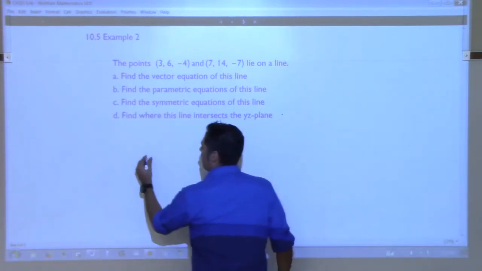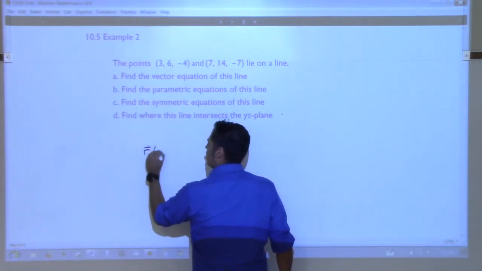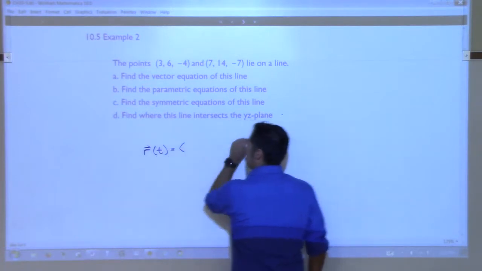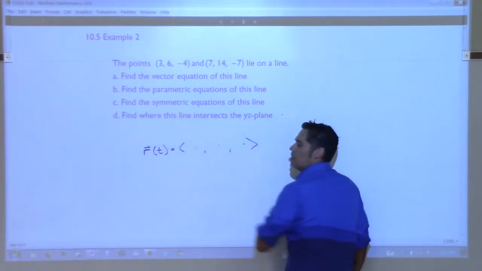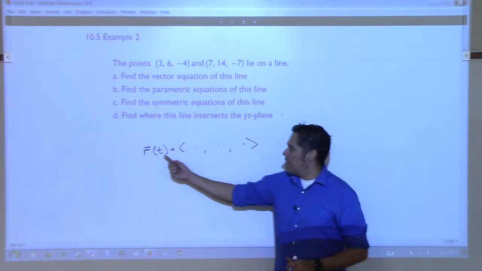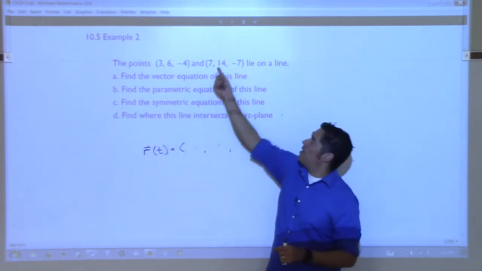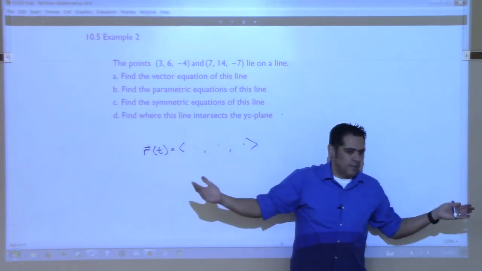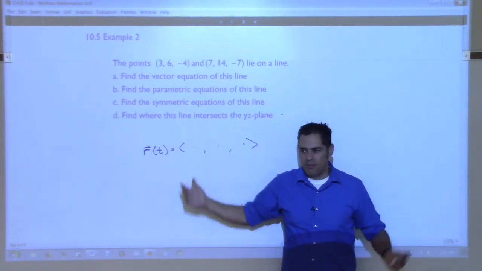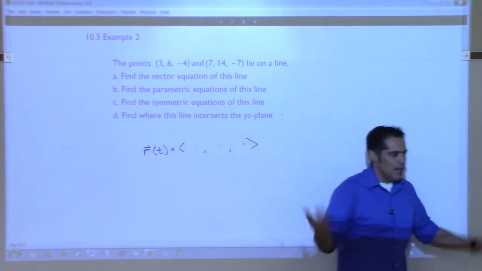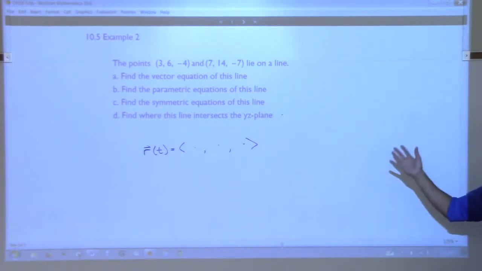So you go back to your vector equation, r of t equal to those three components. We know what happens at 0, we're there. And at 1, we're here, right? So just pick any other value of t, and it'll give you another point on the line. Just plug in 3, plug in 10, plug in negative pi. It doesn't matter. You'll get another point, right? I want to make sure you're clear on that.